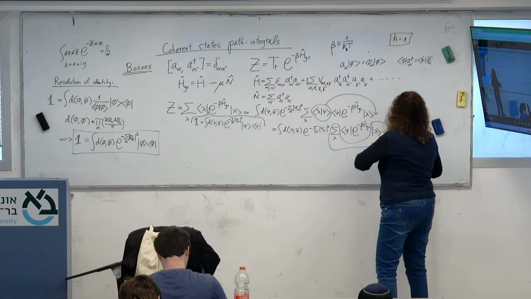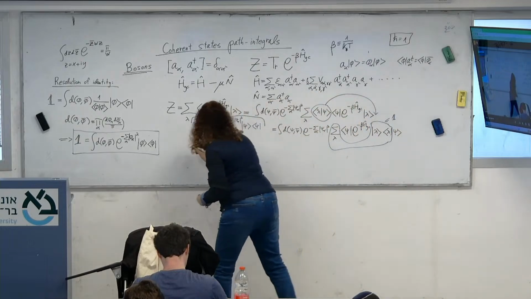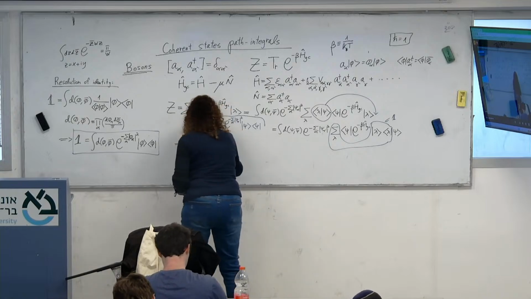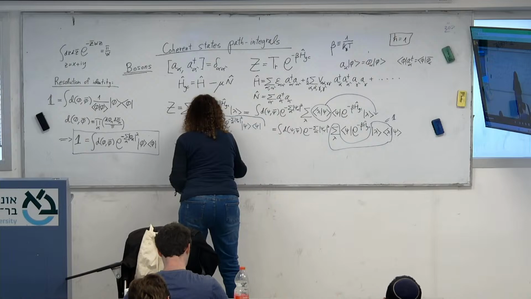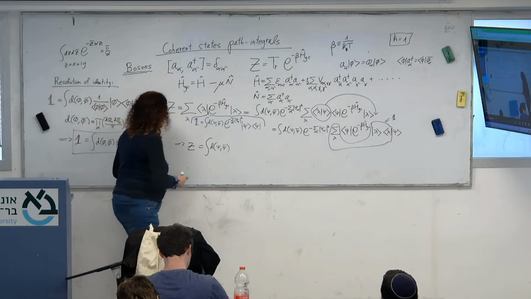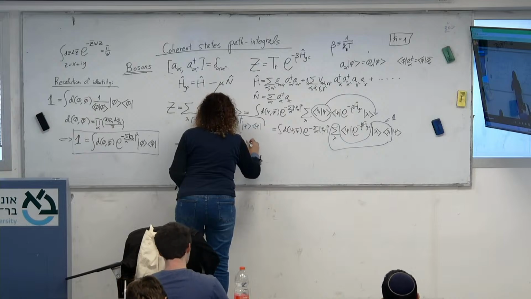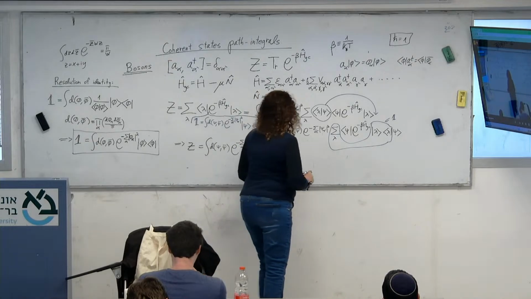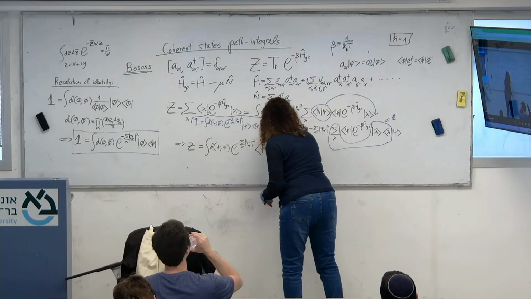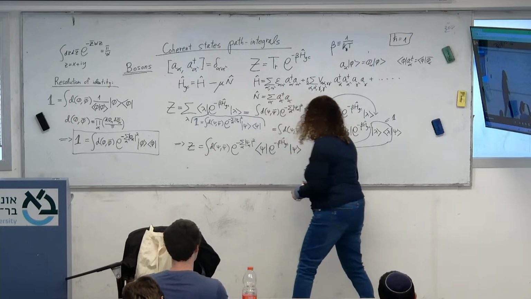Okay, so what did I get? After eliminating this resolution of identity, I get that Z equals just an integral over the differential psi bar d psi of e to the minus sum over alpha psi alpha square times the matrix element psi e to the minus beta h psi. Okay?